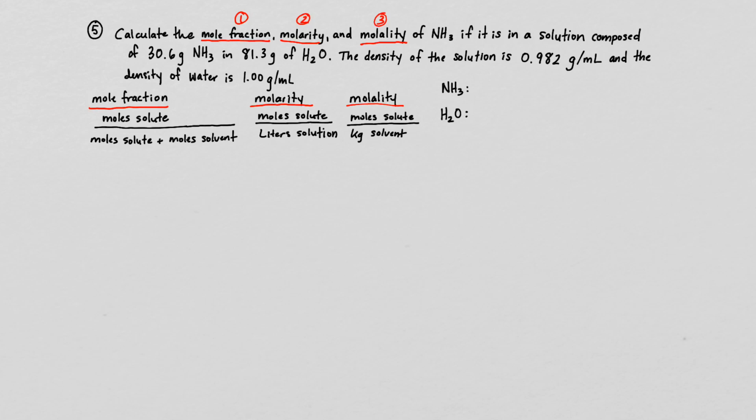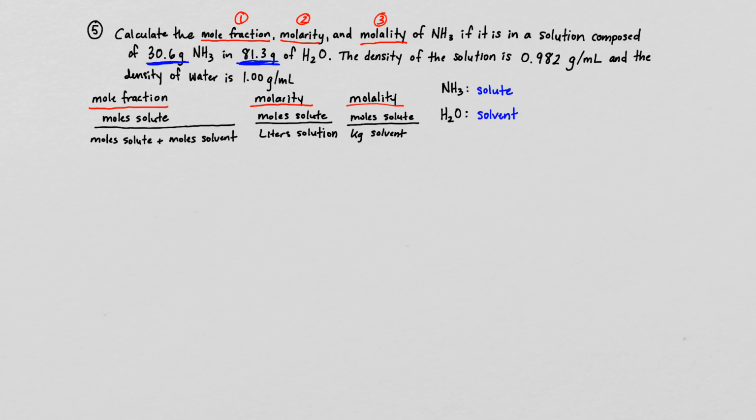Okay, and the greatest amount here, you probably see, is that water has 81.3 grams and ammonia only has 30.6. So water is going to end up being my solvent. Therefore, ammonia is my solute. Alright, so that solute and solvent, got it.